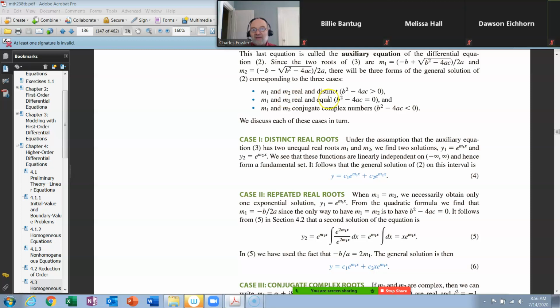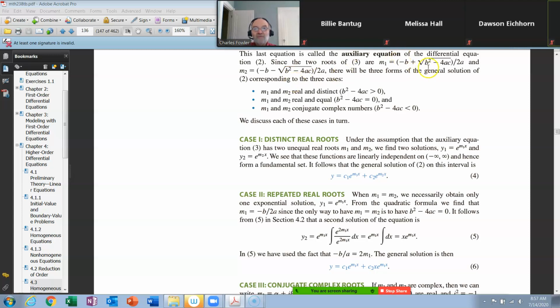And when is that true? That's true anytime this thing inside the radical, which if you remember way back in your long distant past, you called the discriminant, is positive. Then you're going to have real roots, because you can take the square root of a positive number. Even if it's a radical, that's fine, you will have two roots.